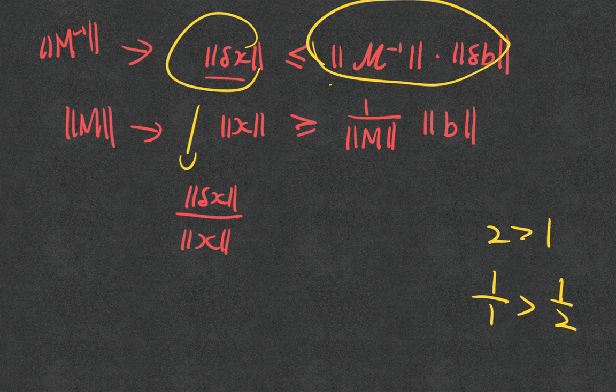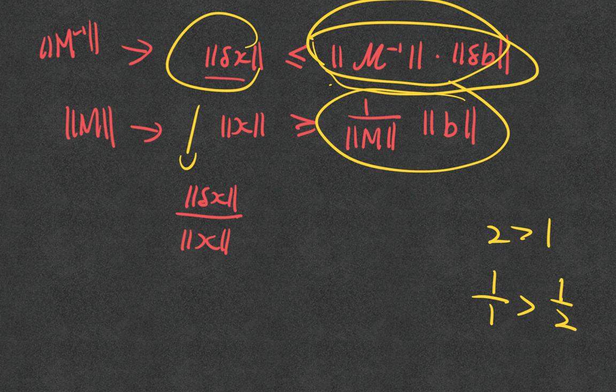Okay. So now, how do I combine these two equations? I can put this part on the top and this one on the bottom, because A greater than B implies that 1 divided by B is greater than 1 divided by A, right? Just like 2 is greater than 1, but 1 divided by 1 is greater than 1 divided by 2.